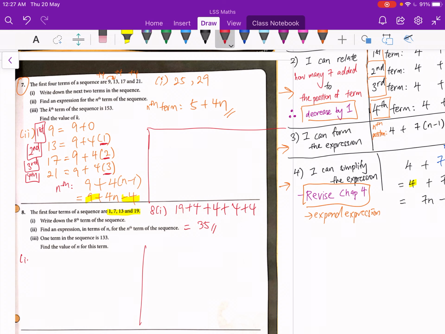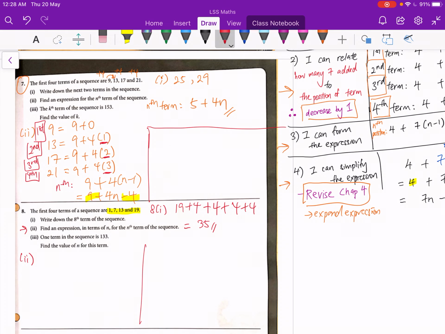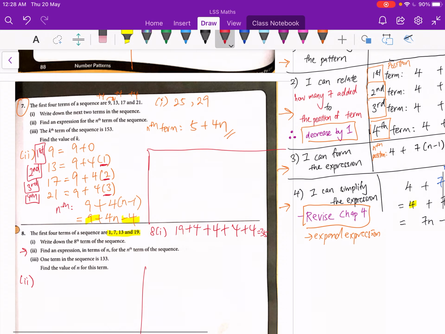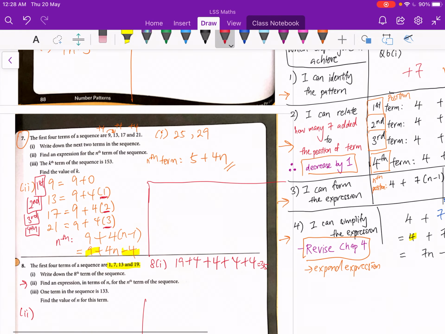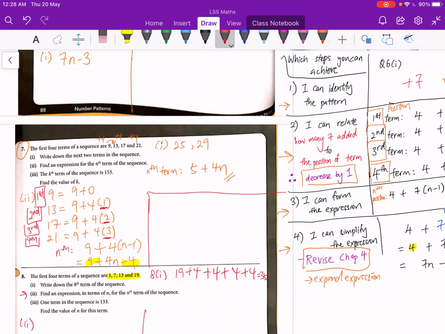So now part 2, which is the question that we are looking at. Write down an expression in terms of n for the n-th term of the sequence. The 8th term equals 35. Okay, are you able to see the pattern? Let's look at step 1.